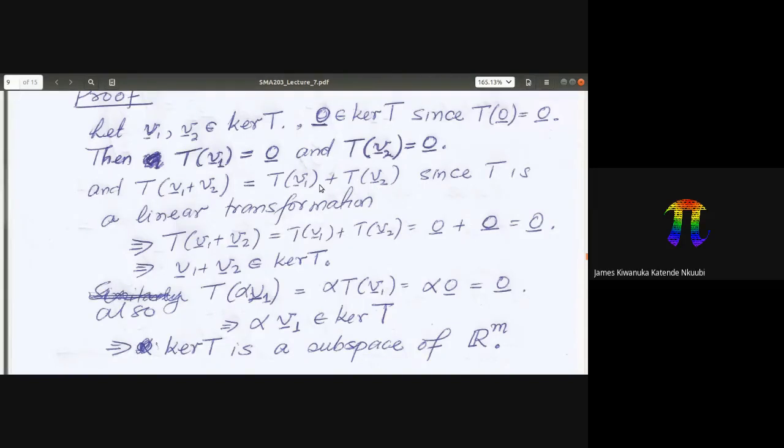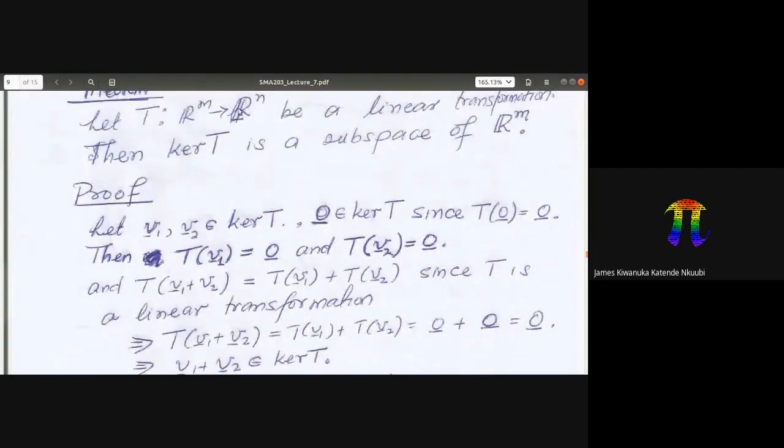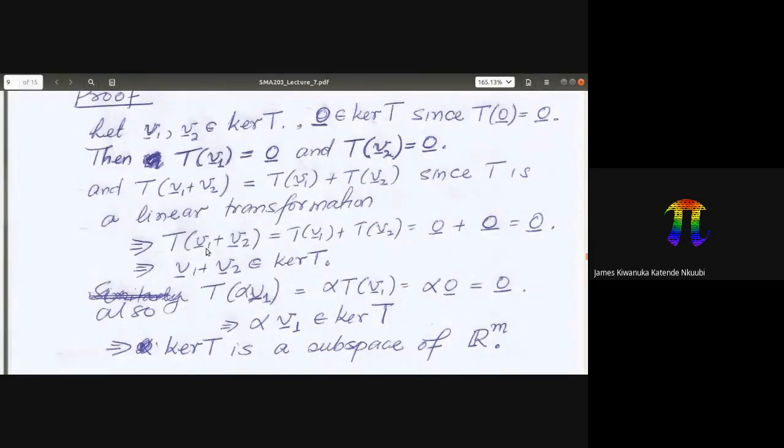But remember, this is a 0 vector in Rn, not Rm, because once you move from Rm, the output will be in Rn. So these two are 0 vectors, because V1 and V2 are in the kernel, and therefore their sum must be the 0 vector. That means we have seen that if V1 and V2 are in the kernel, the sum will also be mapped onto 0, and therefore V1 plus V2, the sum of the two vectors, will also be in the kernel. That is one property to check that's a subspace.